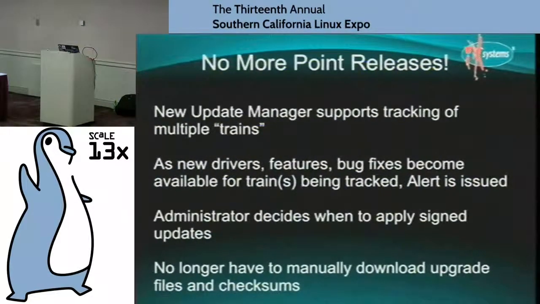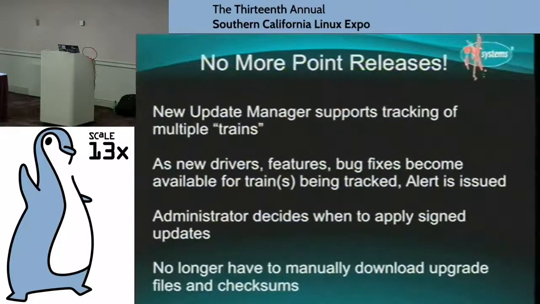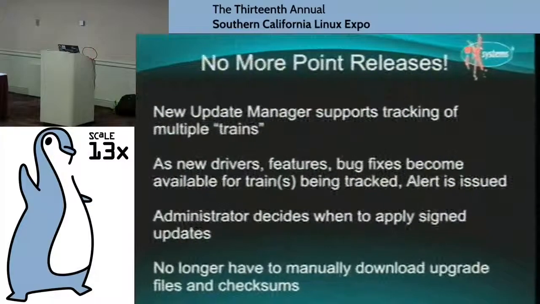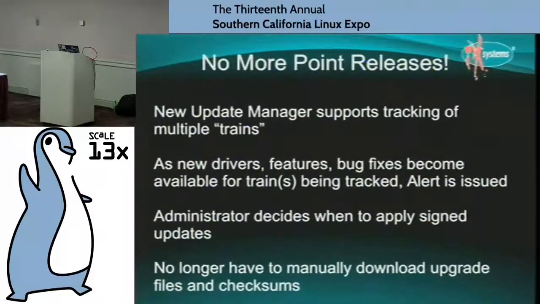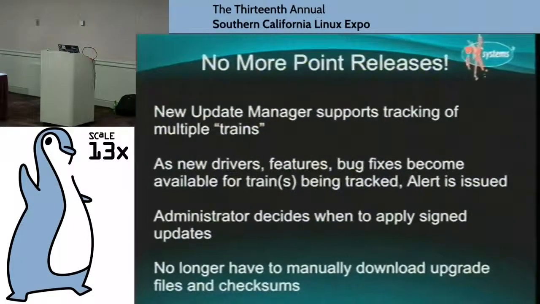Why should I have to wait for the FreeNAS team to roll something if there's an OpenSSL vulnerability, say, or if bug fixes are fixed, or if there's new drivers available? Instead of doing point releases, we now have the concept of something called trains.